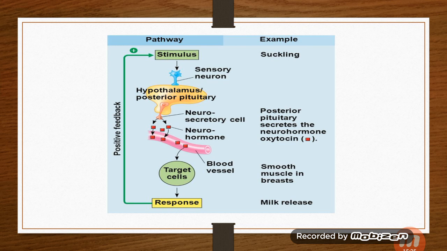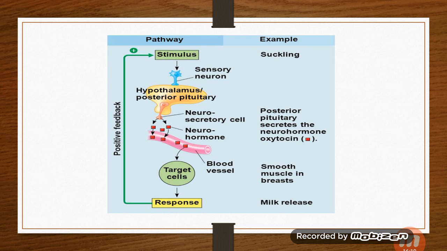So there are two different regions in the pituitary gland, anterior and posterior pituitary gland. They both have different and very important functions. And when the oxytocin circulates to the target cells in the breast, it triggers smooth muscles, the contraction and release of the milk by the breast or the mammary glands of the mother.